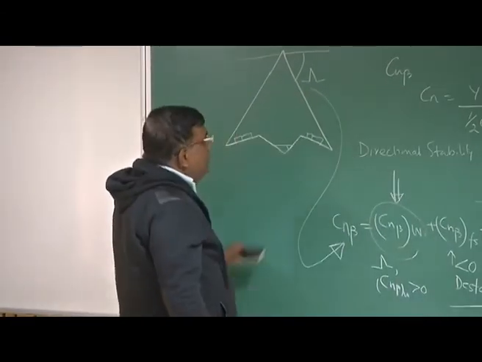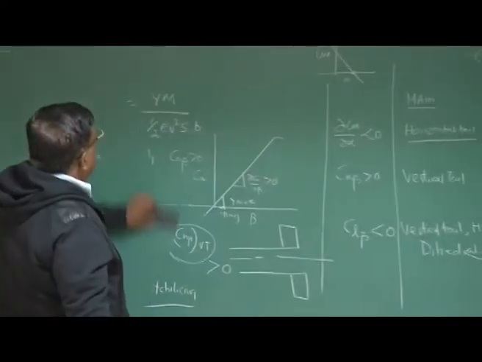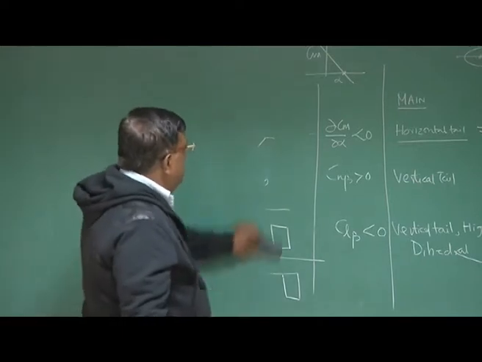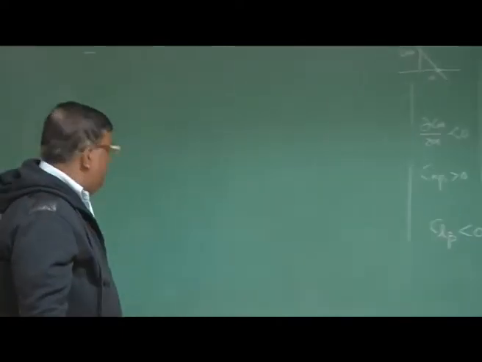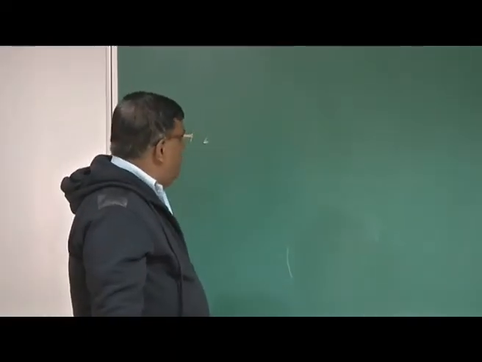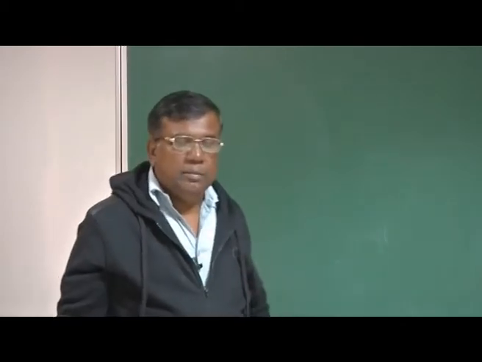Okay, this we have done, and why have we done all these things? That is the question. First of all, our final aim is also to check whether the airplane we are discussing is dynamically stable or not. That's why we started with static stability.